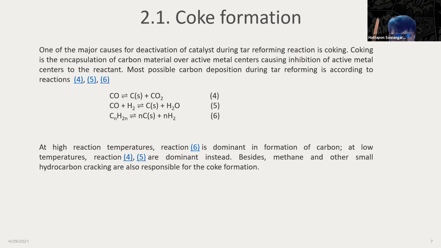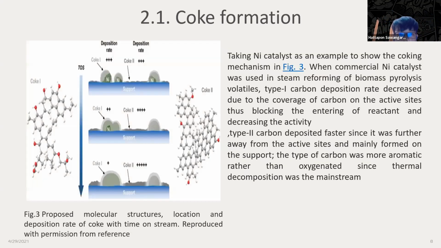Besides methane, other small hydrocarbons cracking is also possible for the coke formation. Coke formation. A typical catalytic example shows the coke mechanism in figure 3 with a commercial nickel catalyst in steam reforming of biomass tar.